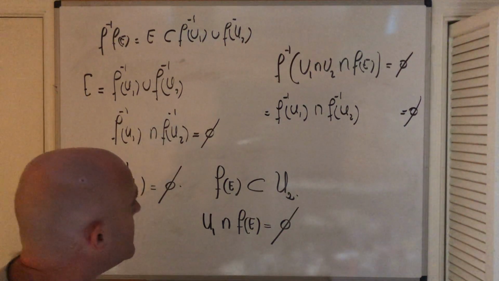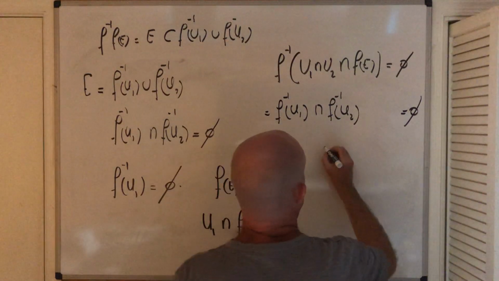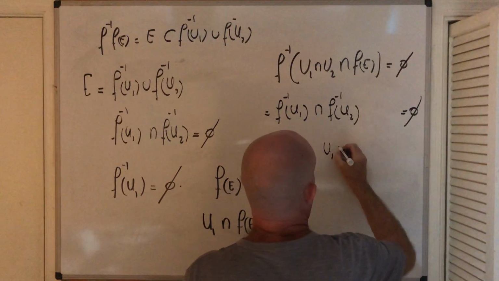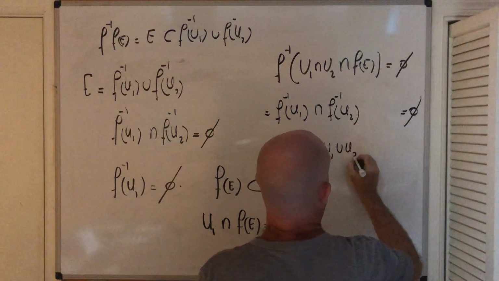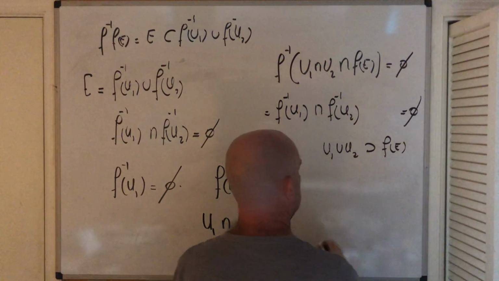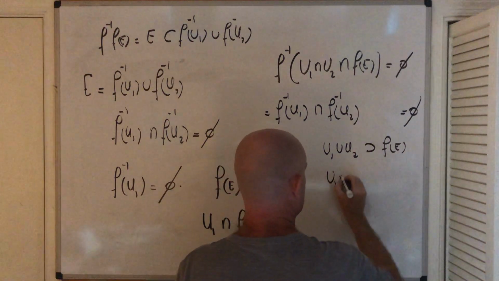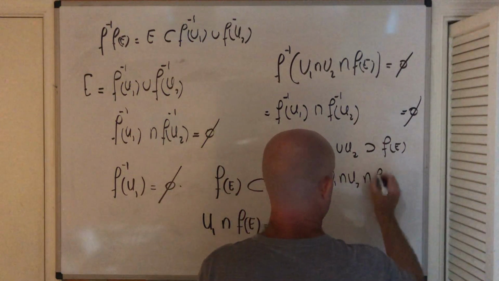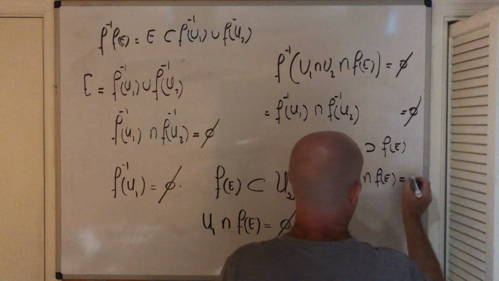So I repeat, maybe, connected set. U1 union U2 needs to cover f of E. That's what we were saying. And U1 intersected with U2 intersected with f of E is equal to the empty set.